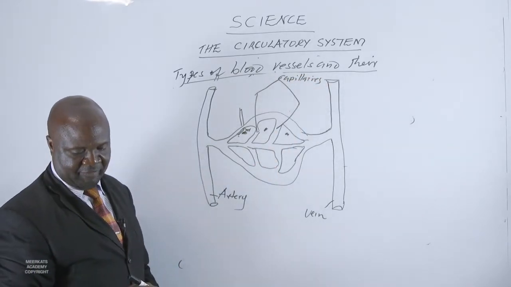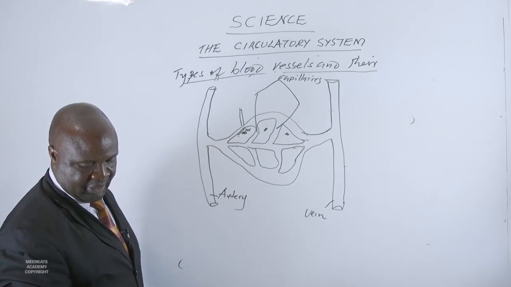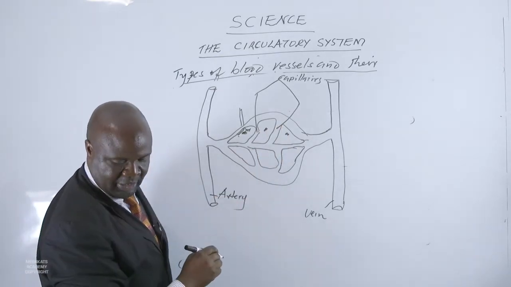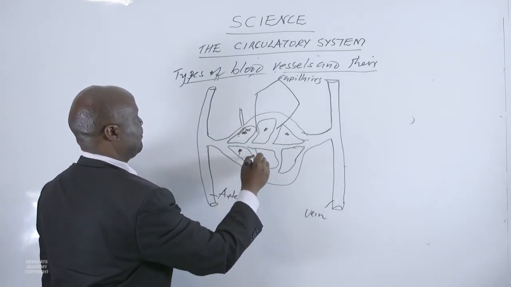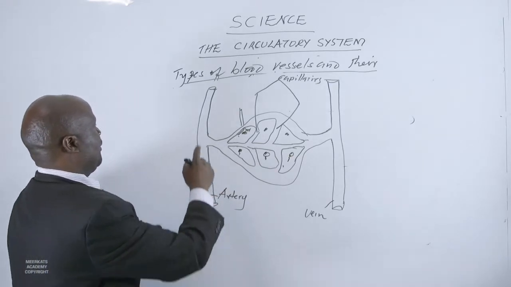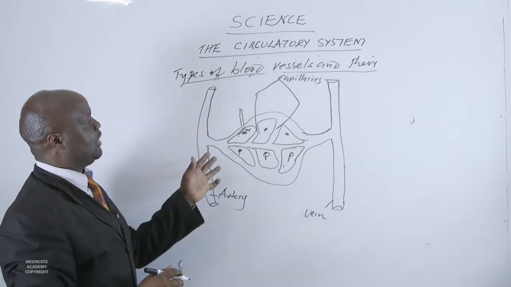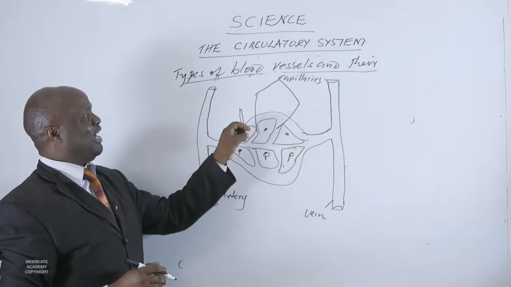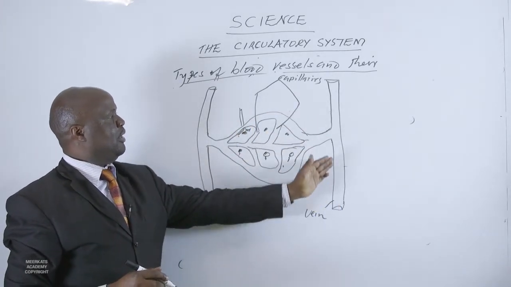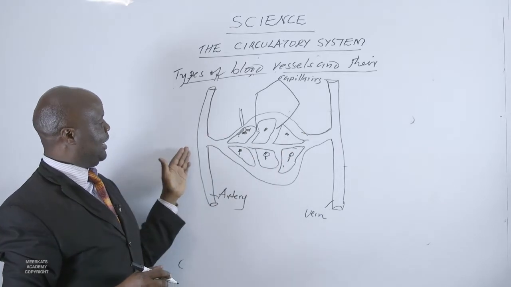The capillaries are very tiny, so we can see these tubes that are small, those are capillaries. And these are the veins. So these are the interconnections. Capillaries are too tiny between the veins, this end, and these are the capillaries.